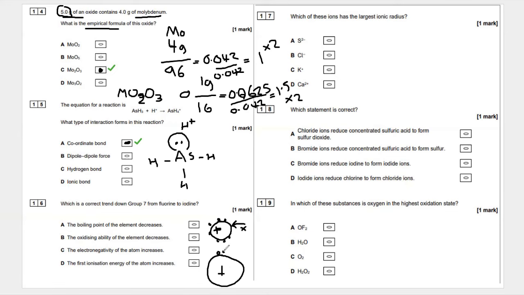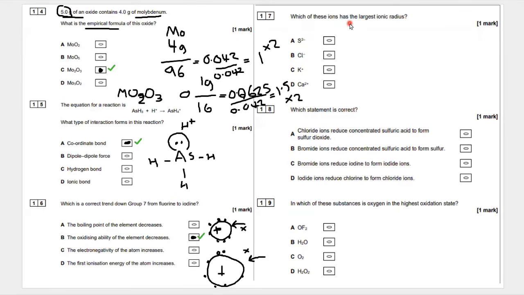Because if you look at iodine, which is bigger than fluorine, it's a bigger molecule, it's going to be harder for it to steal that electron than with fluorine. So yes, the oxidizing ability of the elements does decrease down the group. That is definitely true. I'm just working this out as we go, guys, so a little bit of a delay while my brain kicks into gear sometimes. Cool. Hopefully you're seeing how to think through the problems.